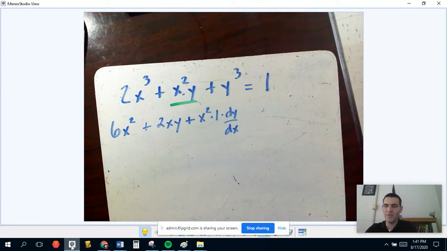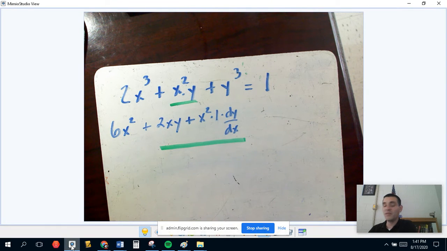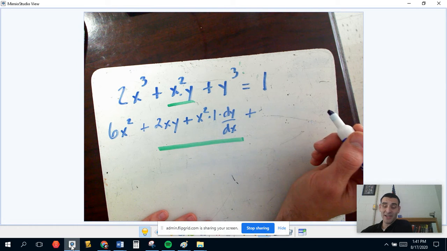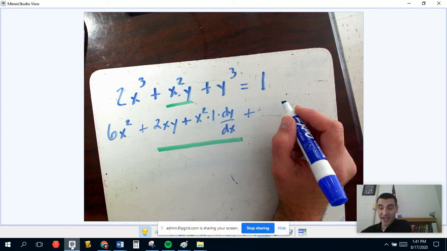And that's the part that we're going to explain in more detail in just a moment. Where does this weird dy dx come from? Okay, plus y cubed. So this is the completion of this little product rule. Derivative of the first times the second unchanged plus the derivative of the second times the first unchanged. Now the derivative of y cubed, again, if we just pretend like y is an x, the derivative of x cubed would be 3x squared.